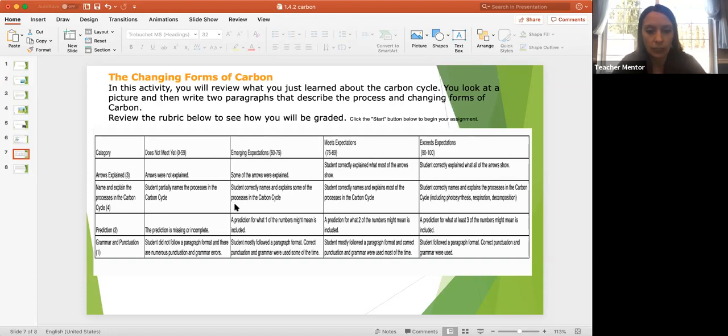Okay, so again, going over rubrics, which I absolutely love, because one, they tell you exactly the point value. If you're looking to exceed expectations and get the full amount of points, it shows you exactly what you need to do. It's nice because you can use this rubric as a way to lay out your assignment.